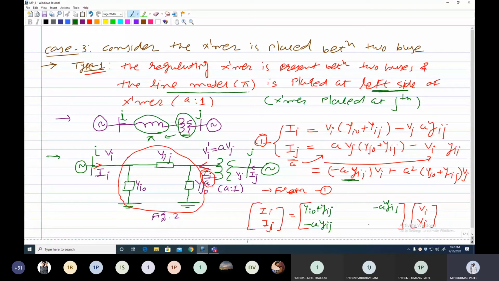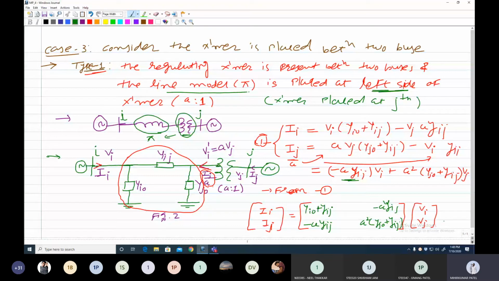This Y22 is equal to, what is the value of Y22? A square into Yj0 plus A square Yij. Clear up to this? So this is the final equation.